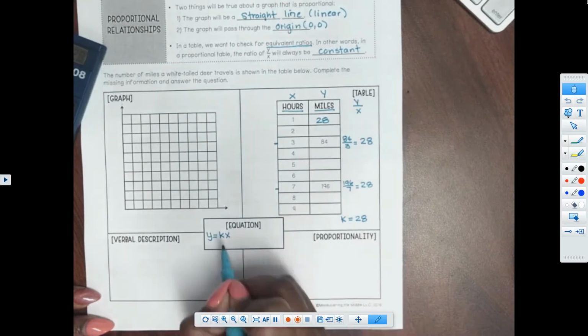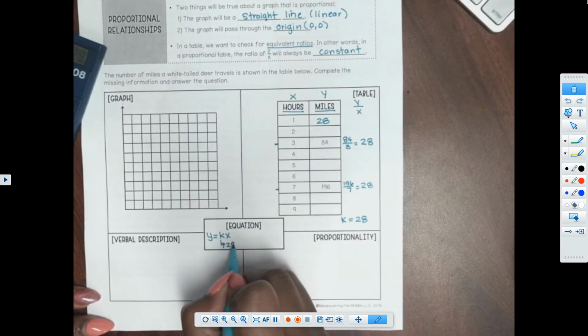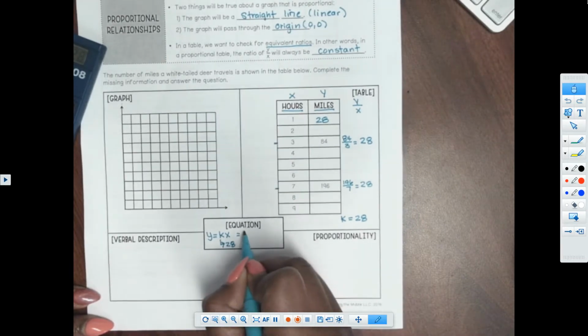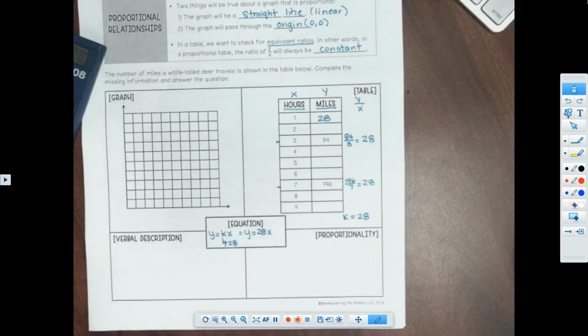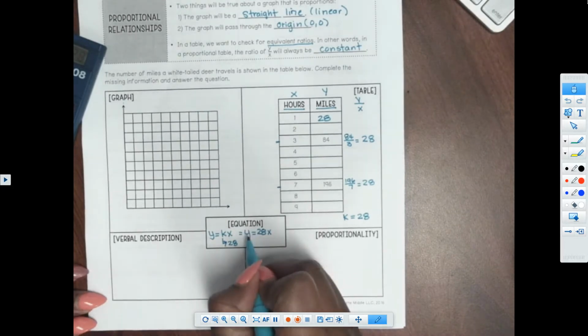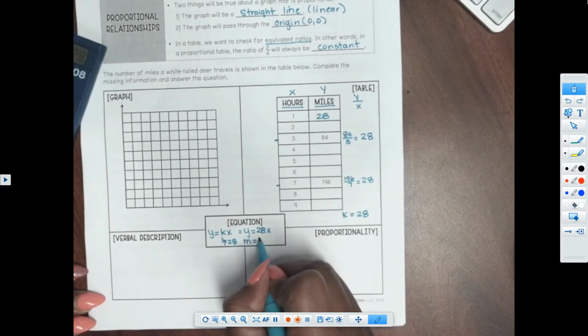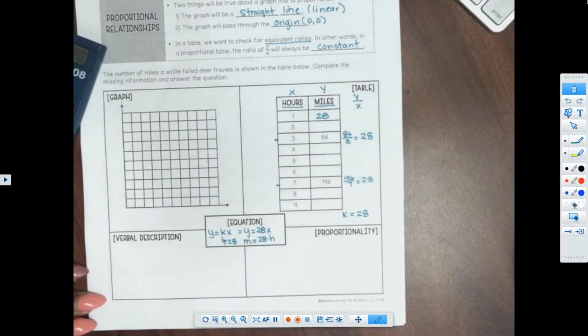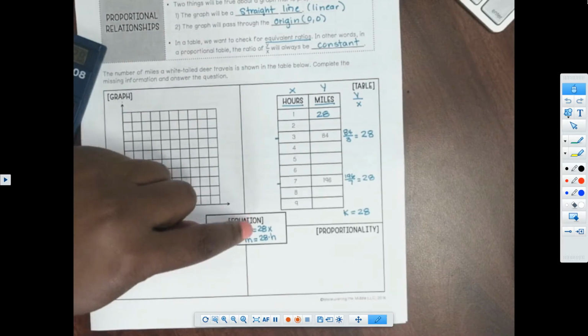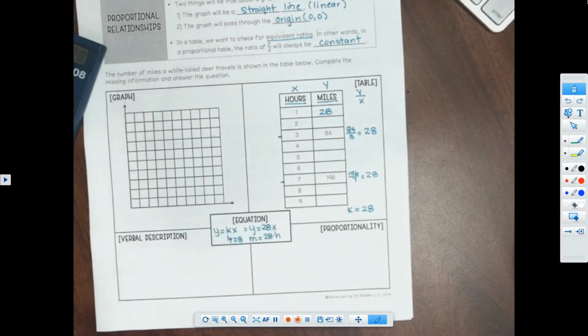Well, we just said that K is 28. So that is y equals 28x. We could say this in a way that makes more sense: y, being our miles, equals 28 times h, h being the hours.